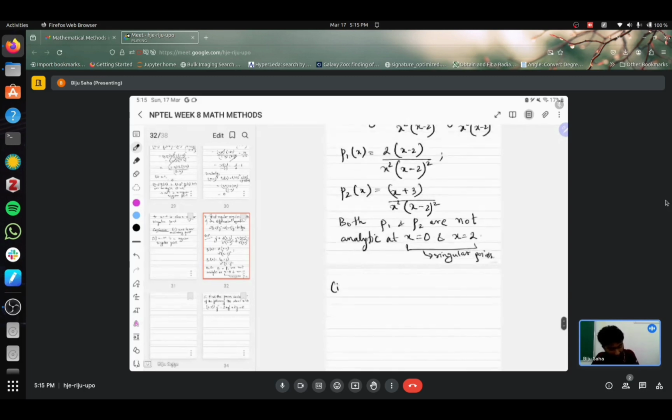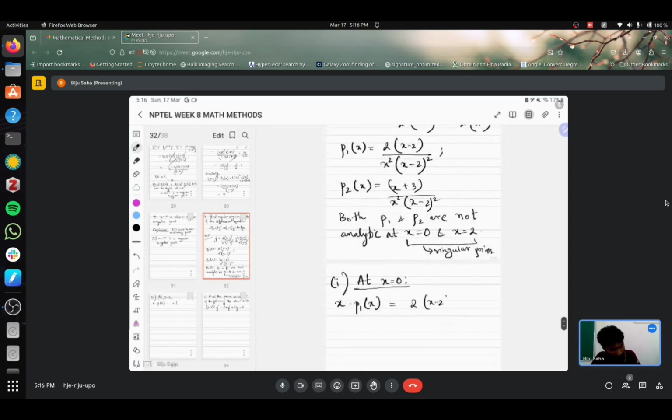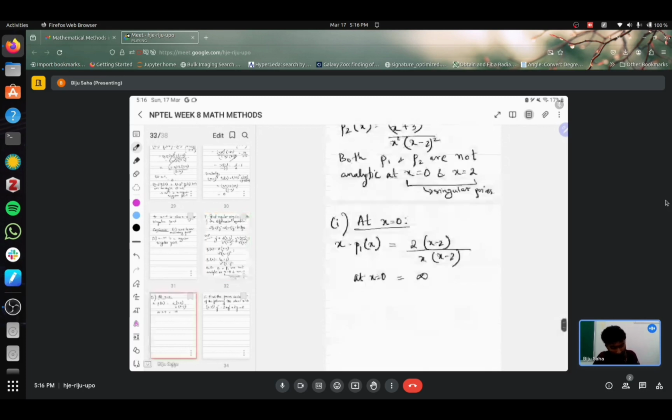Now let us individually check whether they are regular singular points or not. Let us first consider x equal to 0. At x equal to 0, x into P1(x) goes to infinity.